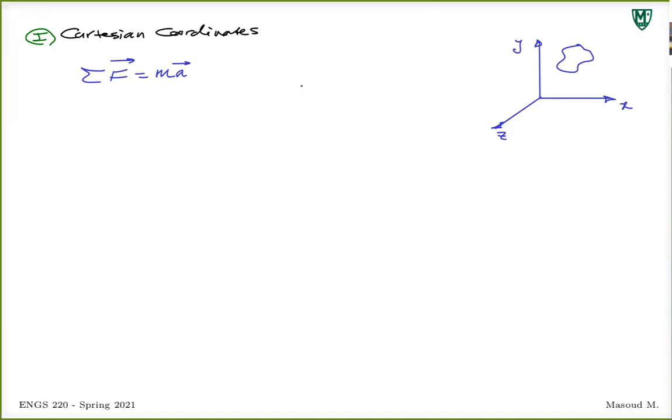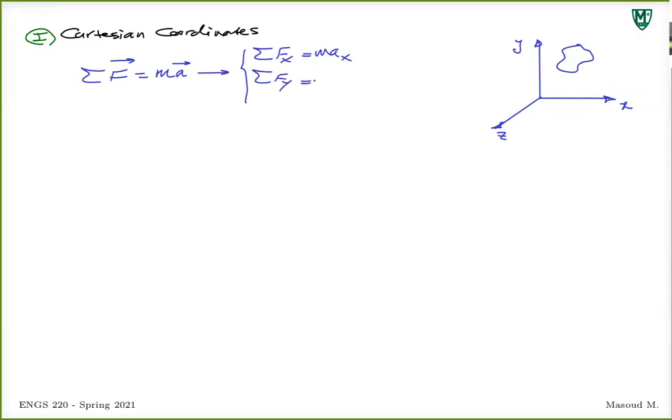When we are studying an object in 3-dimensional space, pretty much these vectors have 3 components, right? We can write this this way. We can say, well, if summation of forces is supposed to be equal to ma, A being a vector in Cartesian coordinate system, F being a vector represented in Cartesian coordinate system, we can write this for each direction separately. If you want to separate that, summation of forces in X direction is equal to M, acceleration in X direction.